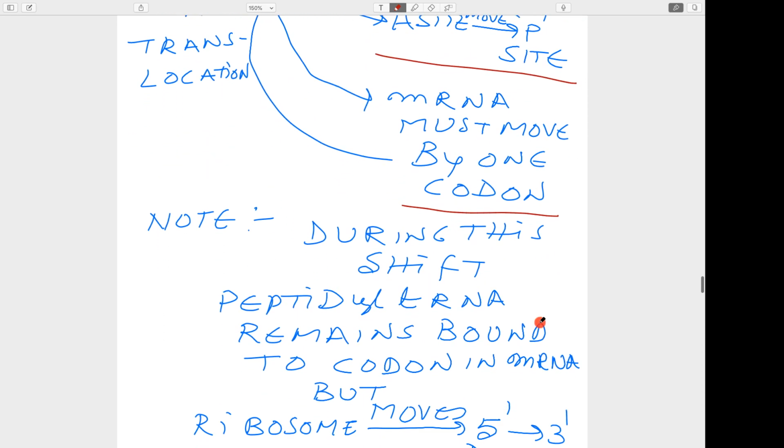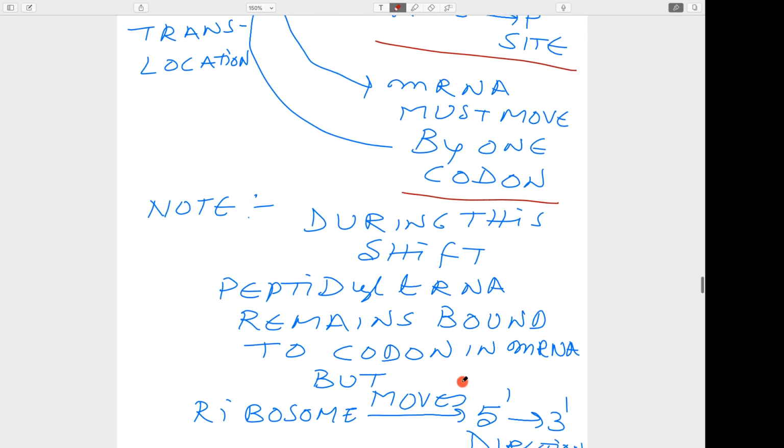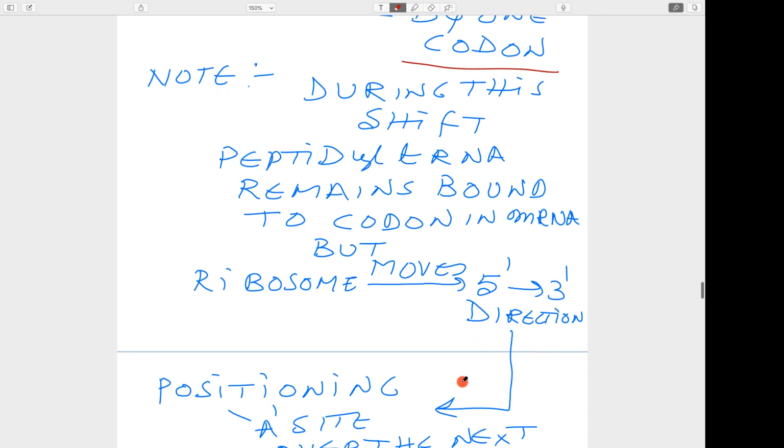During this shift, the peptidyl transfer RNA remains bound to the codon in messenger RNA, but the ribosome moves in the 5' to 3' direction.